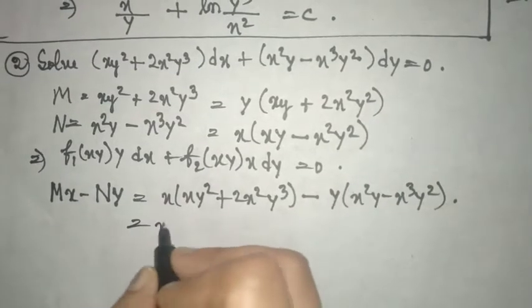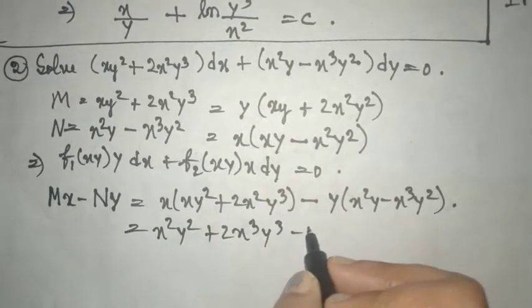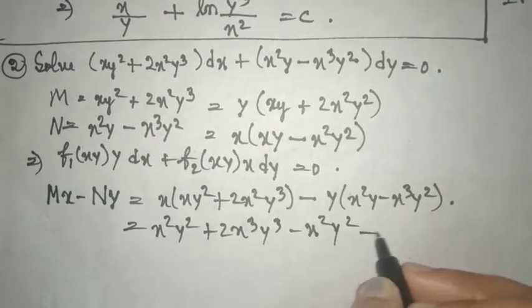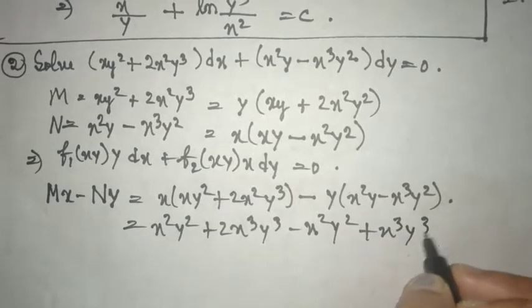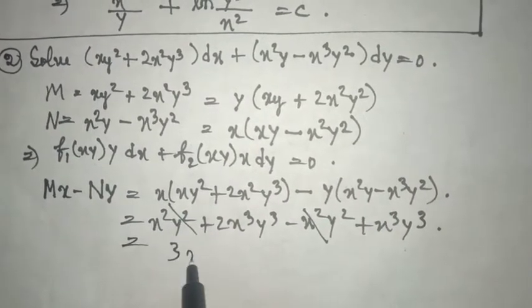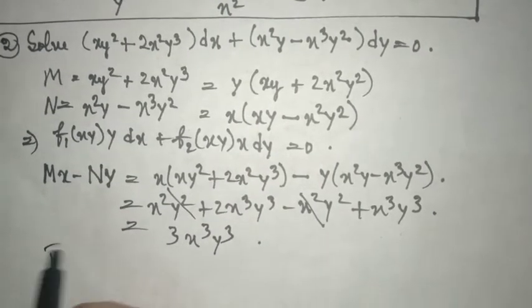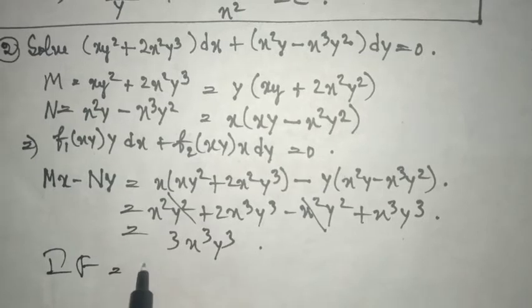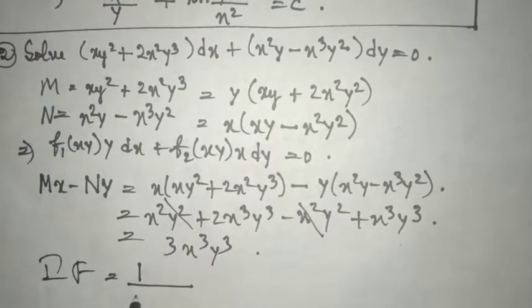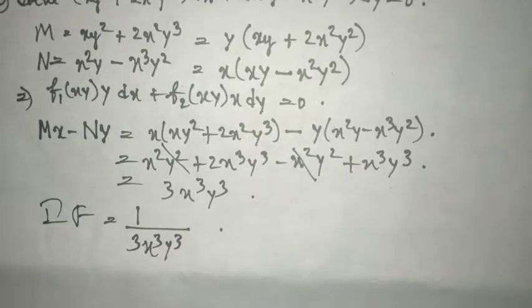So this is x square y square plus 2x cube y cube minus x square y square plus x cube y cube. So the x square y square terms cancel and we are left with 3x cube y cube. This is not equals to 0, isn't it? So its integrating factor is 1 by mx minus ny, that is 1 by 3x cube y cube.